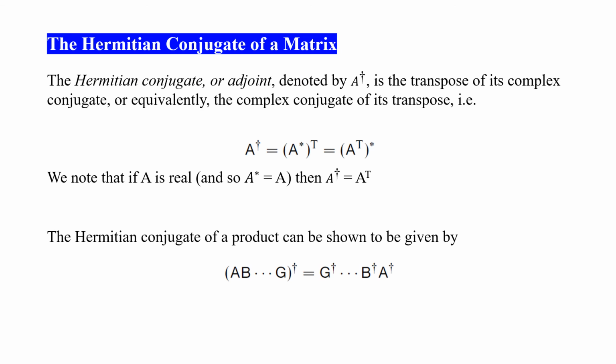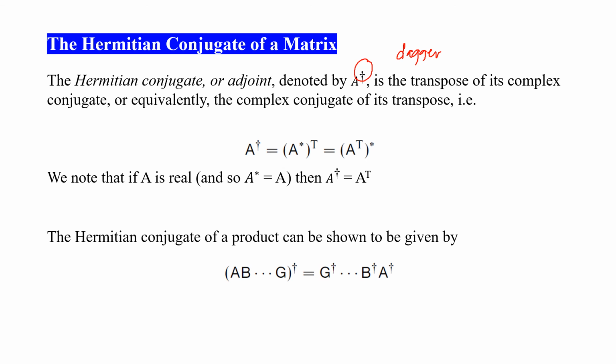For the last topic of this video, let's discuss the Hermitian conjugate of a matrix. The Hermitian conjugate, which you can also call the adjoint of a matrix, is denoted by A dagger. This symbol here, you read it as dagger. It's a literal dagger. It is the transpose of its complex conjugate.